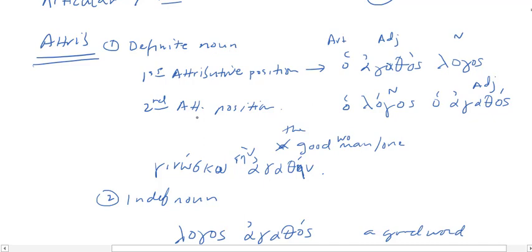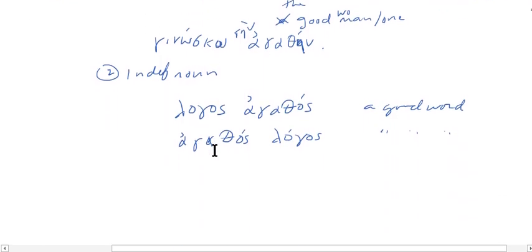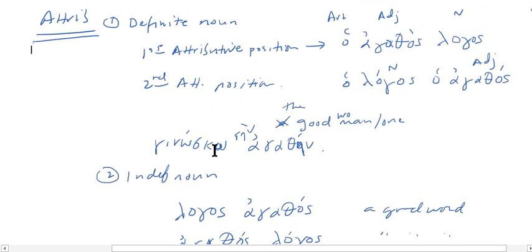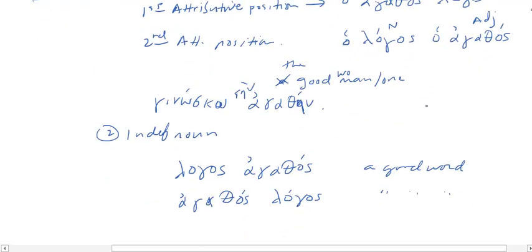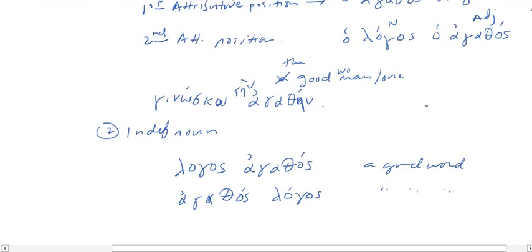I just want you to see how they can occur. So if it's a definite noun, the article will precede the attributive adjective either way. If the noun is not definite, then there's no article to play with. Then they're just going to be side by side, which is where attributive adjectives go. They go beside the noun that they modify and agree with in case, gender, and number.